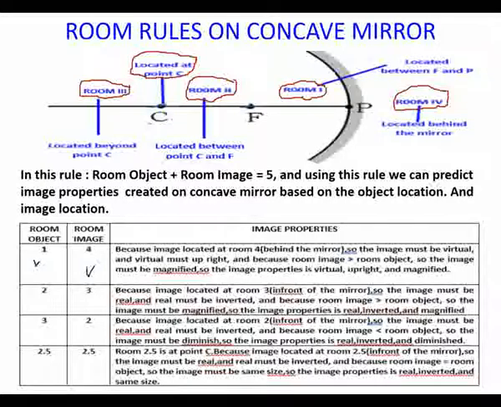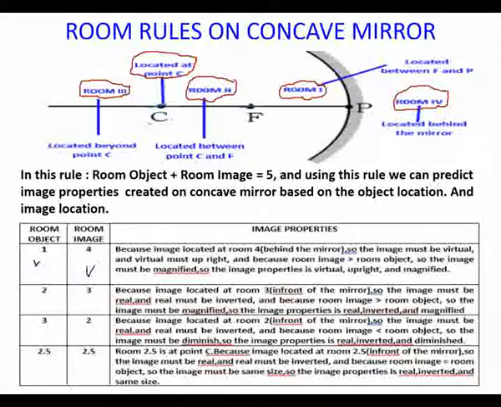Because the image is located at room 4 behind the mirror, the image must be virtual, and virtual must be upright. And because the room of the image is bigger than the room of the object, the image must be magnified. So the image properties are virtual, upright, and magnified.